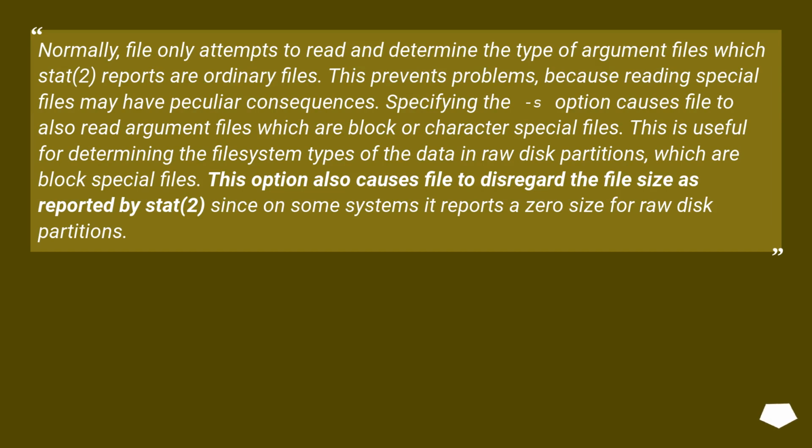Specifying the -s option causes file to also read argument files which are block or character special files. This is useful for determining the file system types of the data in raw disk partitions, which are block special files. This option also causes file to disregard the file size as reported by stat(2) since on some systems it reports a 0 size for raw disk partitions.